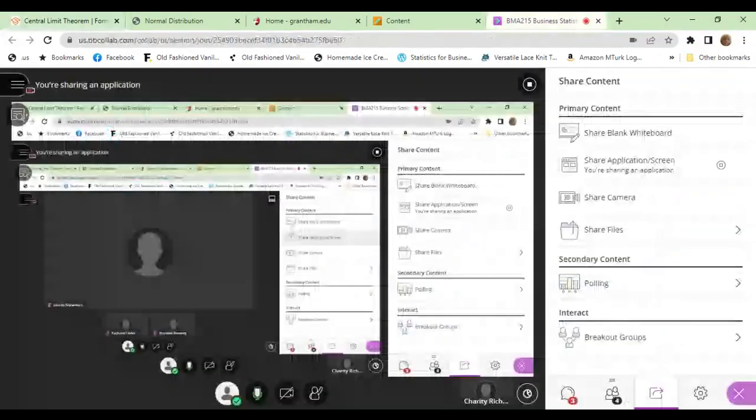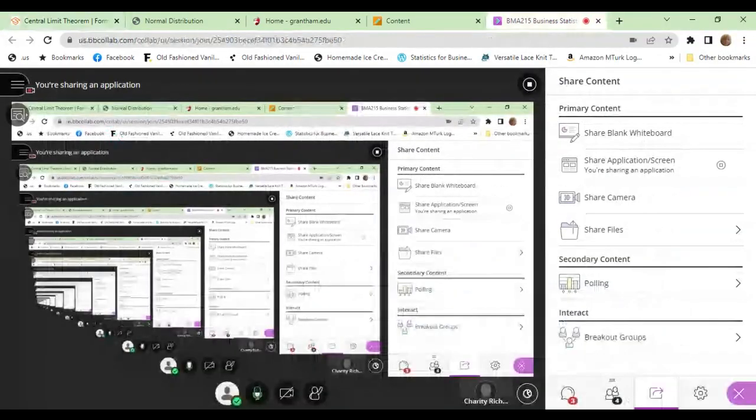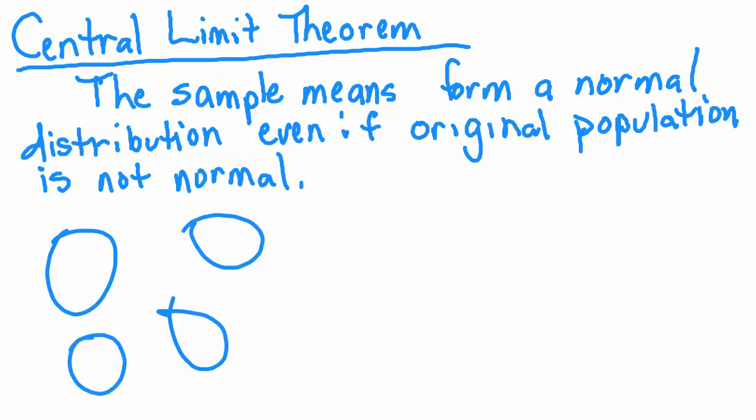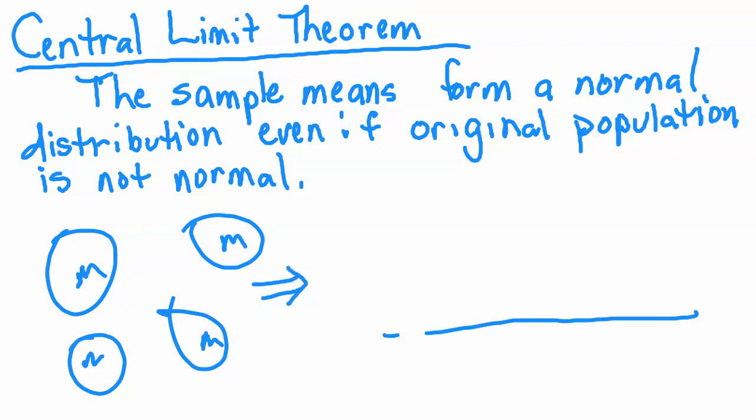So I thought that was a really good picture or way to show you what's going on. So what exactly they're doing is taking all these samples, okay, taking the mean out of each sample, graphing it, and it's going to form a normal distribution. So the more samples, the better.